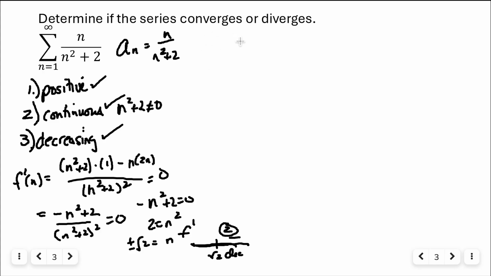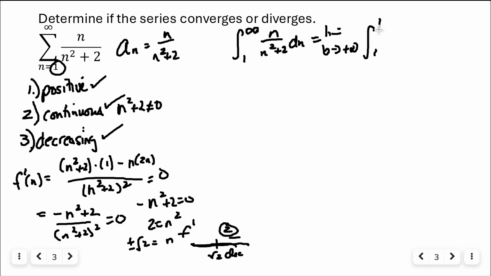The integral test says that I'm going to integrate this thing from 1 to infinity, which I'll change to the correct notation momentarily, n over n squared plus 2 dn. Or you can change it all to x, whatever makes you happy. So this is the limit as b goes to infinity of the integral from 1 to b of n over n squared plus 2 dn.